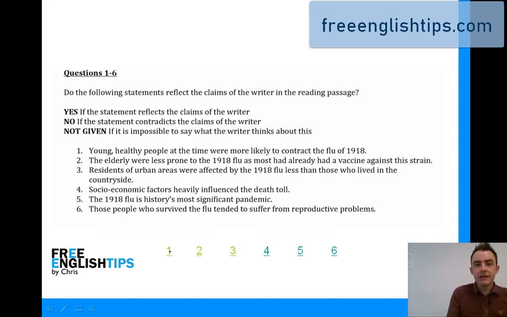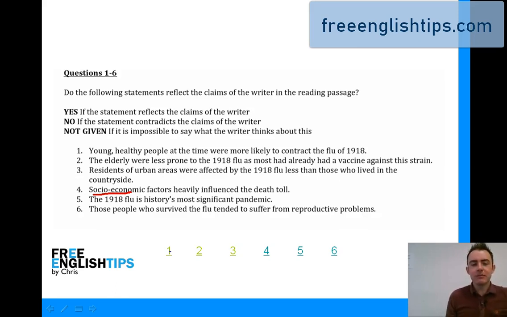Question 4 says, socioeconomic factors heavily influence the death toll. So we need to focus on socioeconomic factors. That might be where people live, whether they're poor or rich, okay, whether they are immigrants.